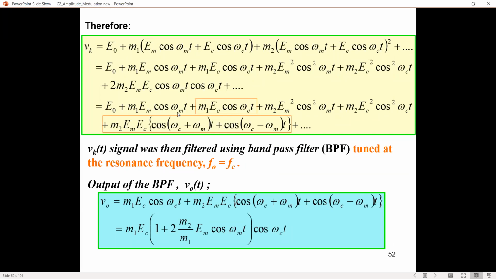This one has 2 FM, 2 FC. And this one has FC plus FM and FC minus FM. So these are the frequency components that we have.